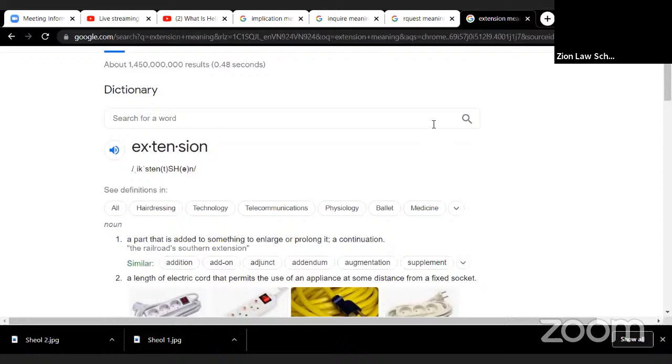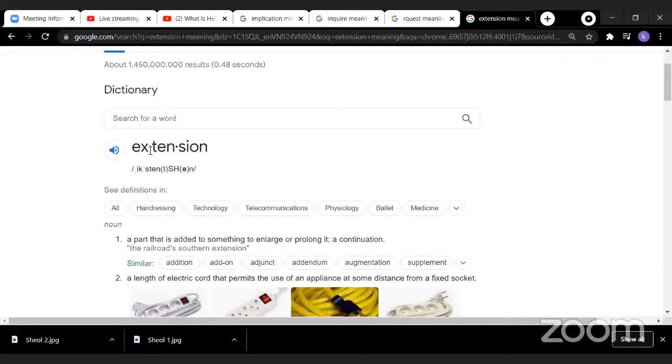So the next step would be, do we agree with this? It says here, the meaning is to inquire, by implication to request, by extension to demand. So that's the next thing we need to deal with. I don't think it's a demand. To request something is not a demand.